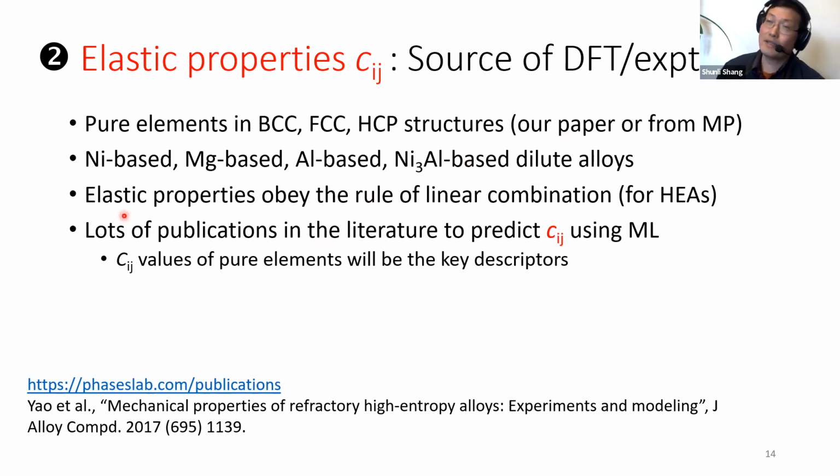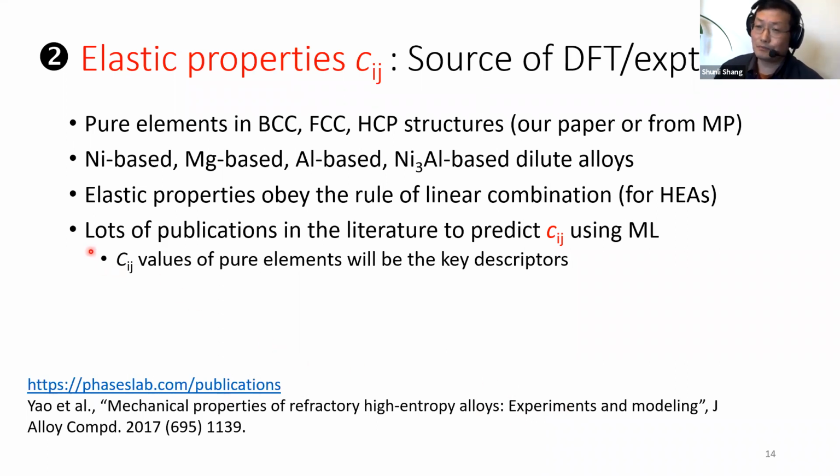Based on publications in the literature and also our own observations, usually the elastic properties follow linear combinations, such as in the paper from Yale. They use the linear combination, and based on experimental data, they found these trends.